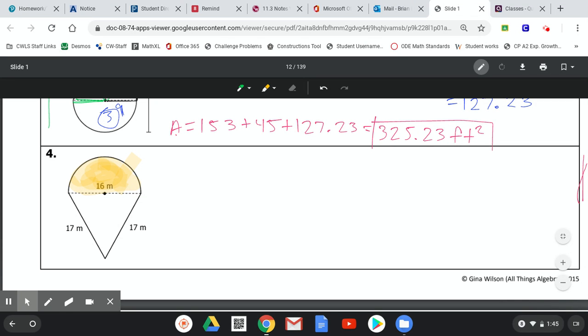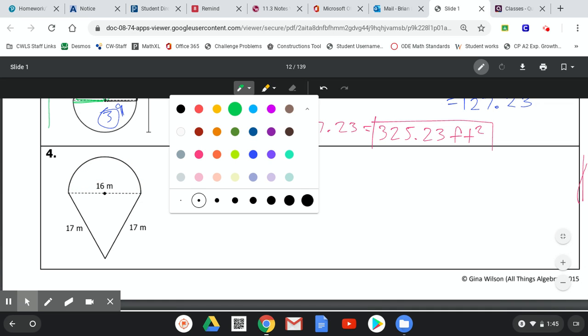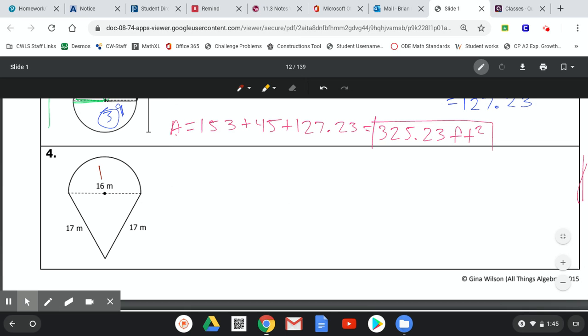So if we're trying to find the area of this semicircle, we'll call that figure 1, and we'll call the triangle figure 2, okay? So for area 1 of that semicircle, it is just going to be, again, what we did before, 1/2 pi r squared. Well, now it tells us that 16 is a diameter. It's not a radius.